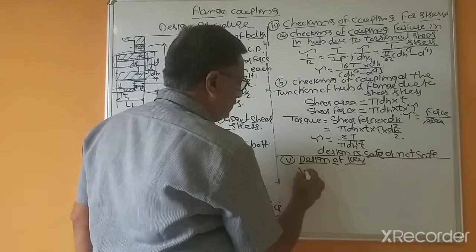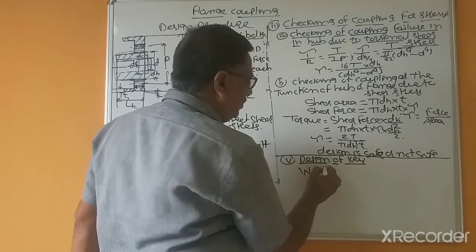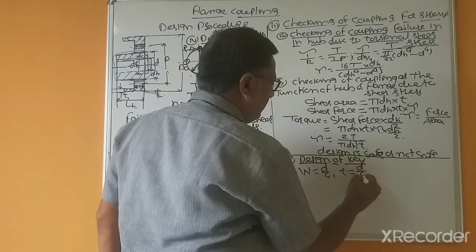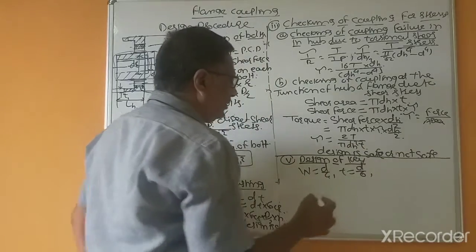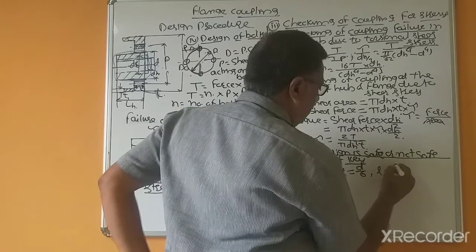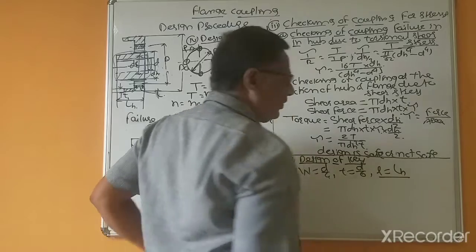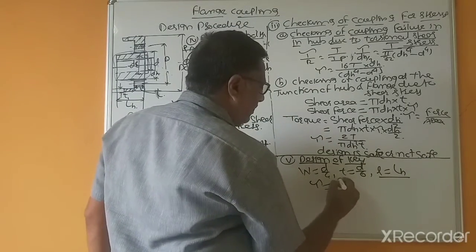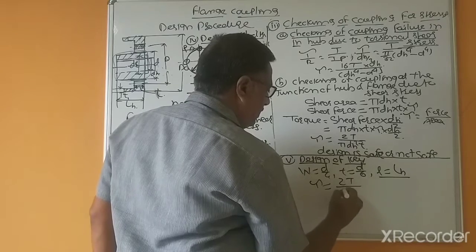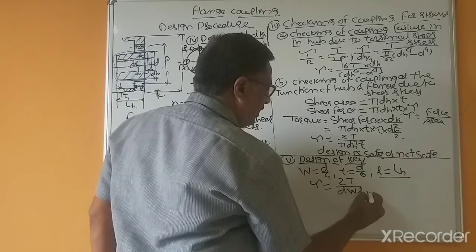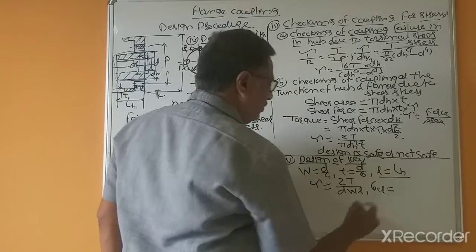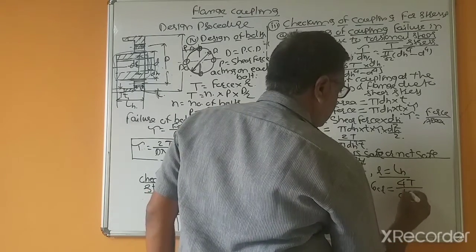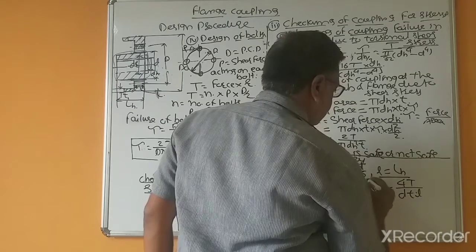The dimensions: width equals d by 4, t equals d divided by 6, and length equals the length of the hub. By using this formula, crushing stress equals, what is the formula, 2T divided by dWL, and crushing stress equals 4T divided by dTL.